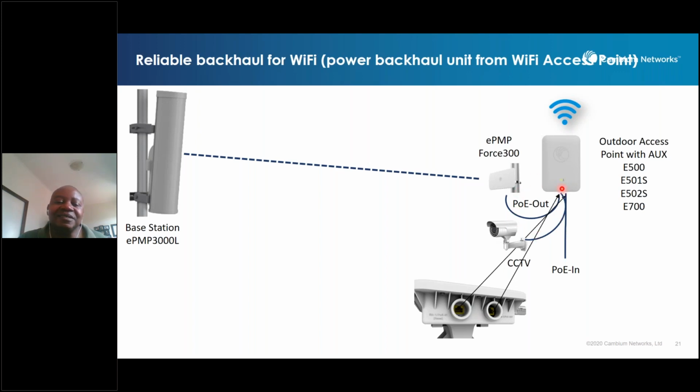We're seeing this is a very common architecture in universities. We're doing a lot of universities, even on the continent, and this is a very popular architecture. Most of them are actually using solar. They would power this arrangement of the SM, the Force 300, with the Wi-Fi access point, all powered by solar.